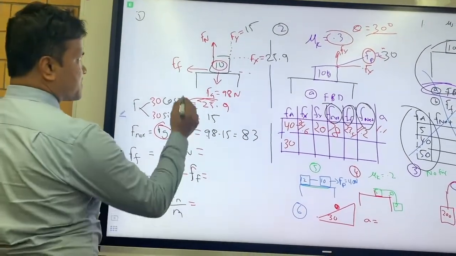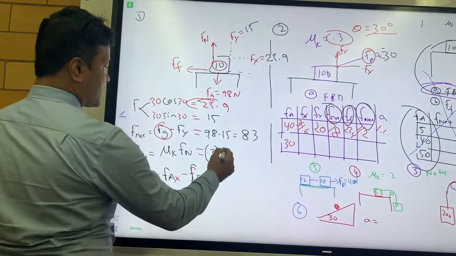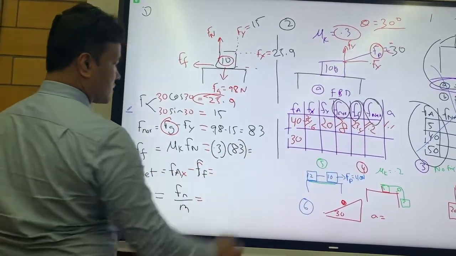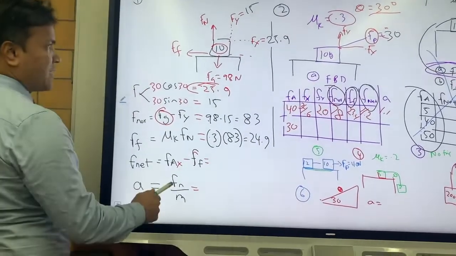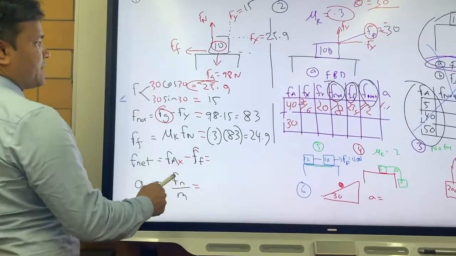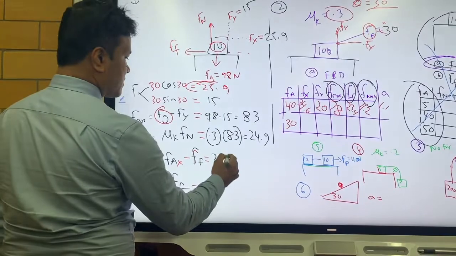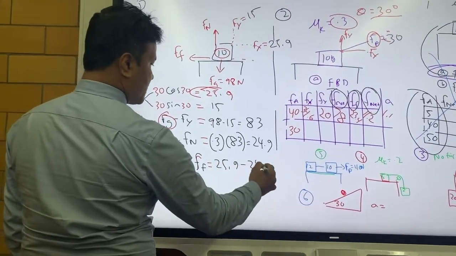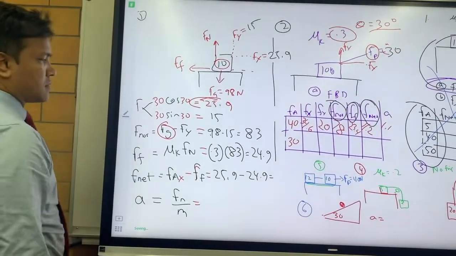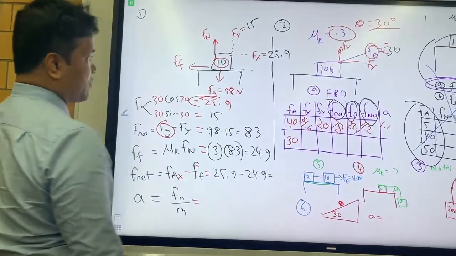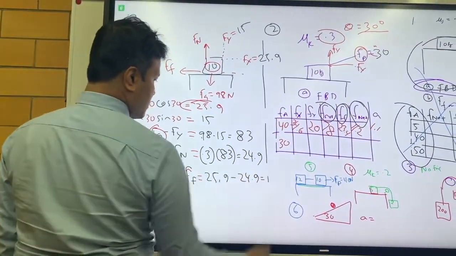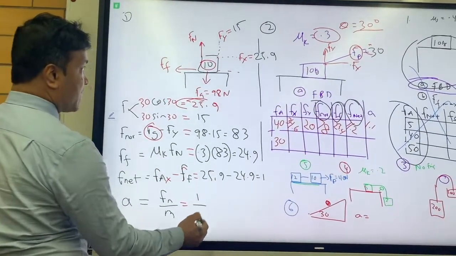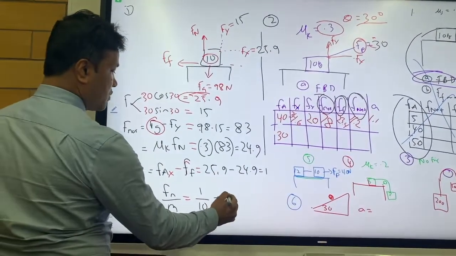Now mu k is 0.3 times 83. 24.9. And Fax is 25.9 minus 24.9. 1. What a coincidence. Okay, 1 divided by 10. 0.1.